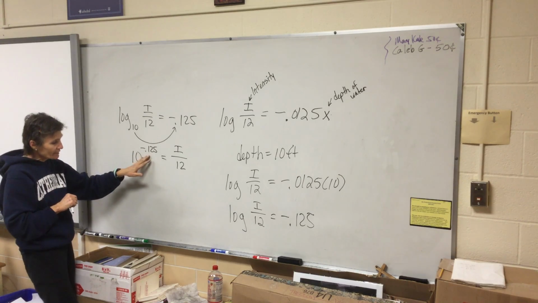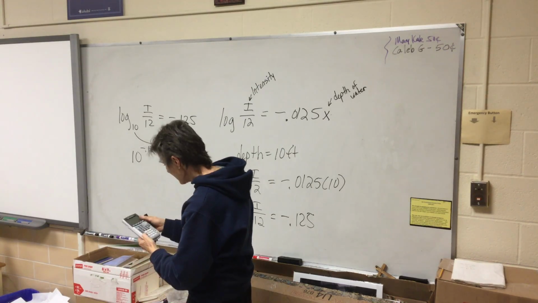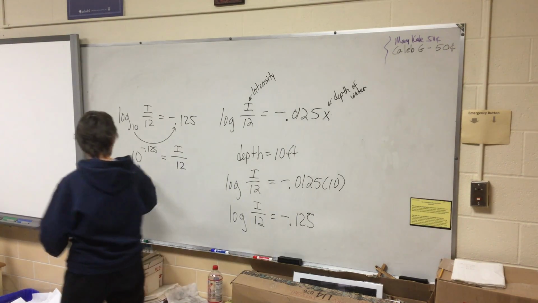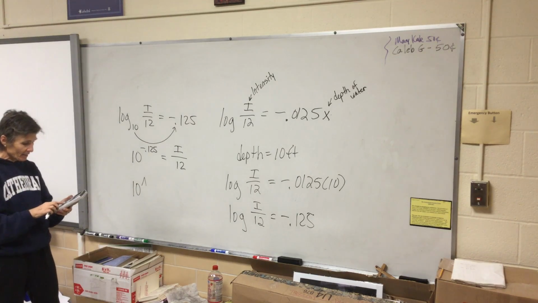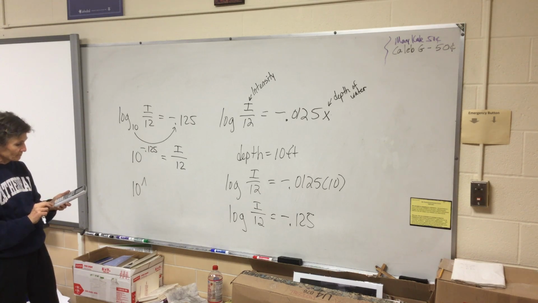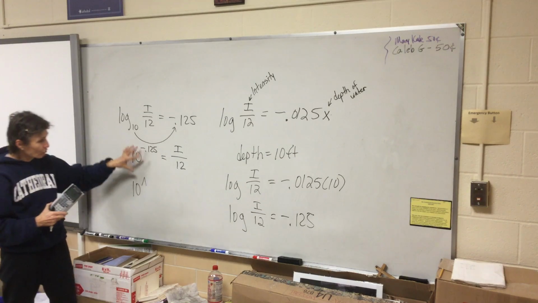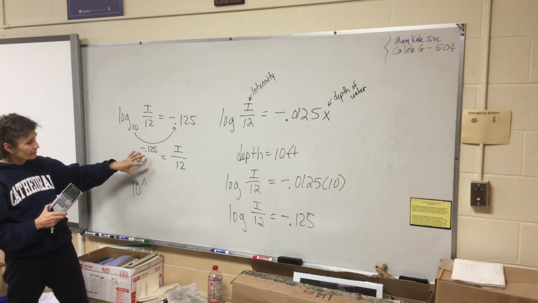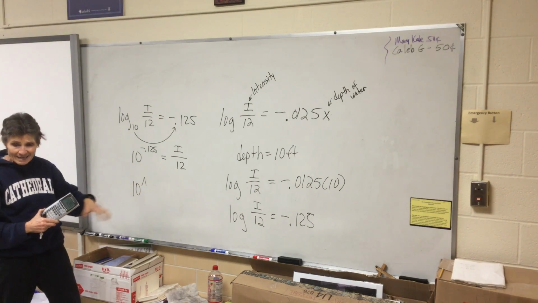So I'm going to go ahead and type this in on my calculator. So I'll type 10, and then I'll raise it using my little raise button, negative 0.125. And I have some kind of crazy decimal that equals I over 12, but I really want to know what I equals.